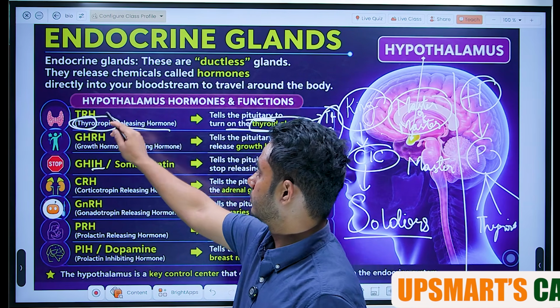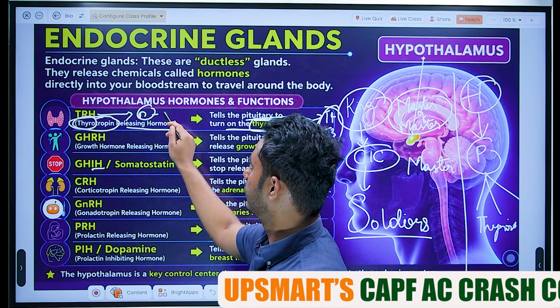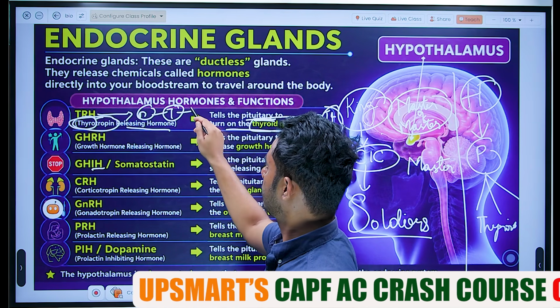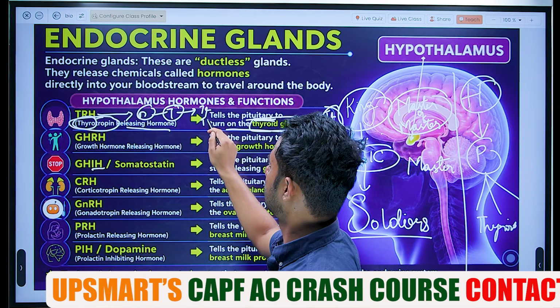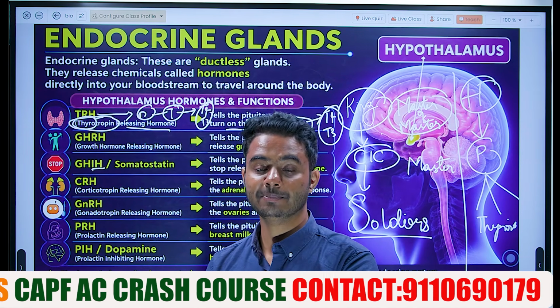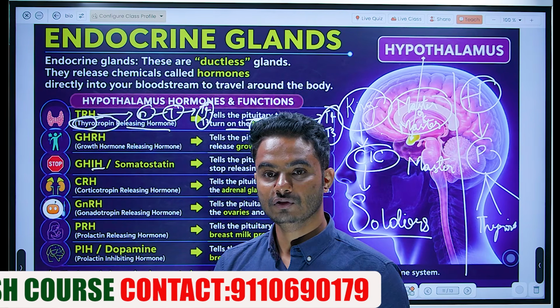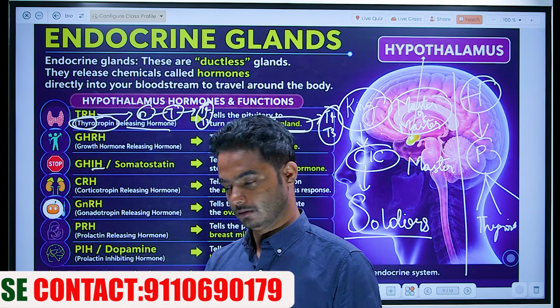Hypothalamus releases TRH, which will tell the pituitary to activate the thyroid gland, and the thyroid gland will release T4 and T3, that is thyroxine. Easy. This is the concept, which is obviously difficult, confusing, but you have to remember.